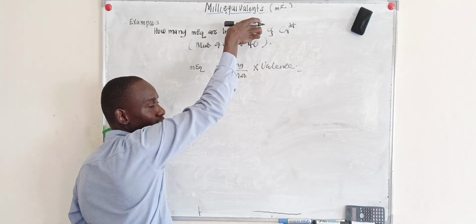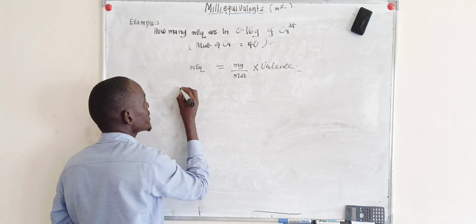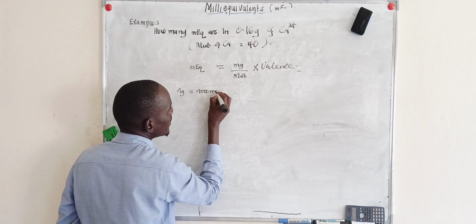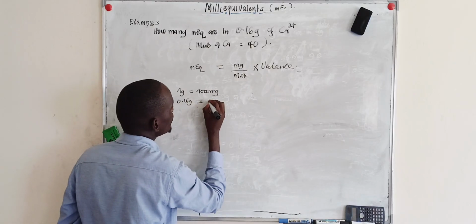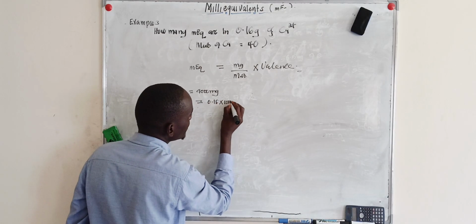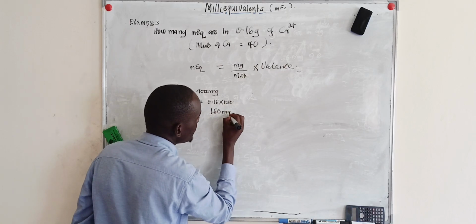We need to convert this mass to milligrams. We said 1 gram is equivalent to 1,000 milligrams, so 0.16 grams is equivalent to 0.16 times 1,000, which gives us 160 milligrams.